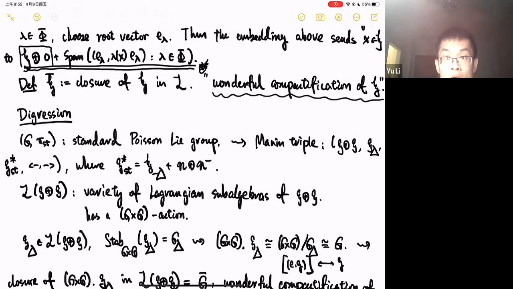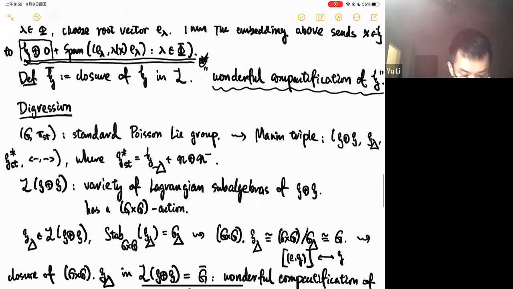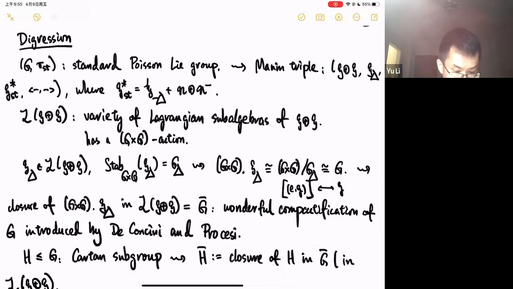All right, great. Now just a bit of digression, to explain why I am interested in G star bar and H bar, or why I defined them the way I did. Recall that there's a standard Poisson Lie group (G, pi_st). This Poisson structure is obtained from the classical r-matrix by left and right translations.